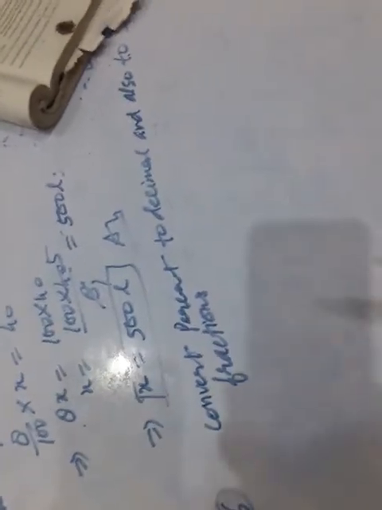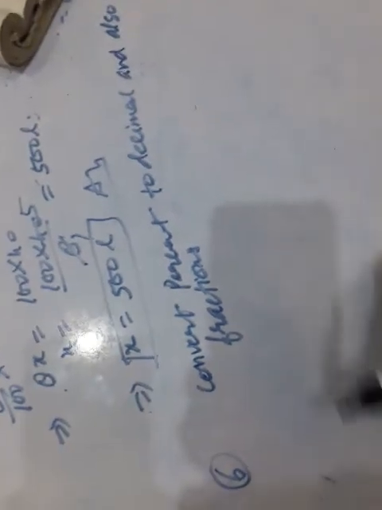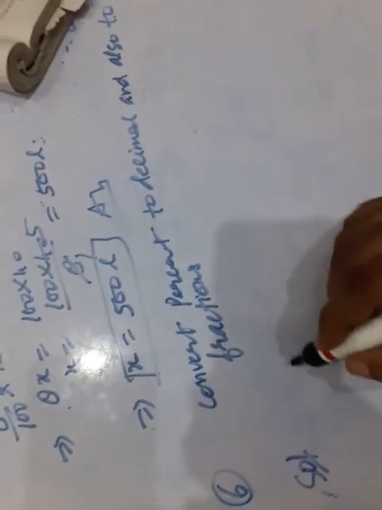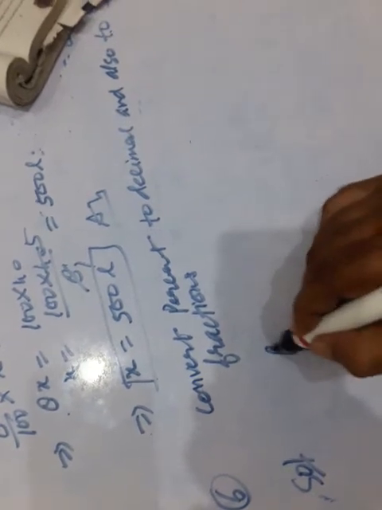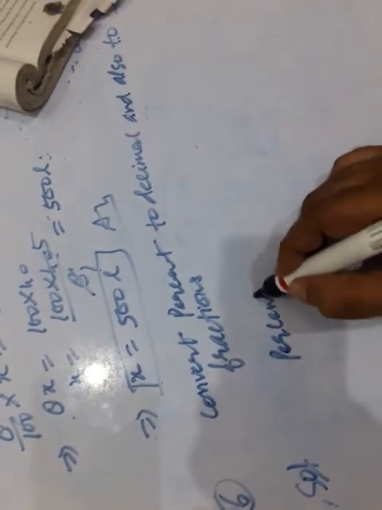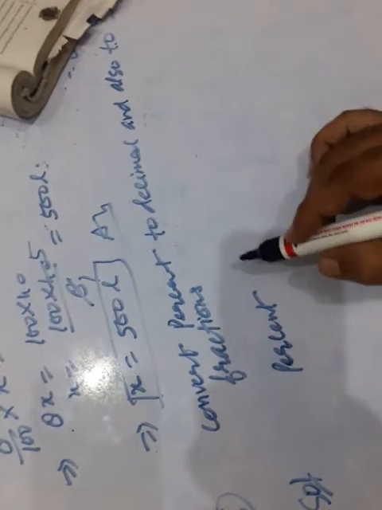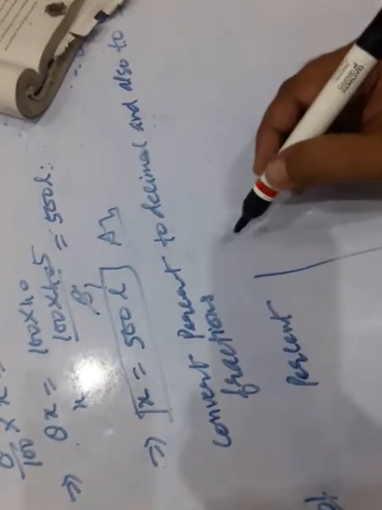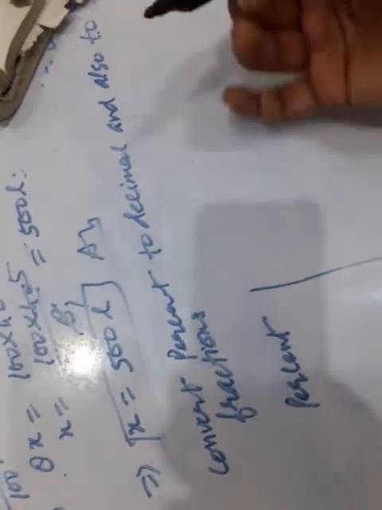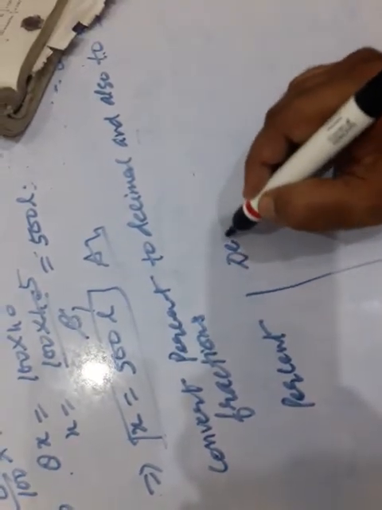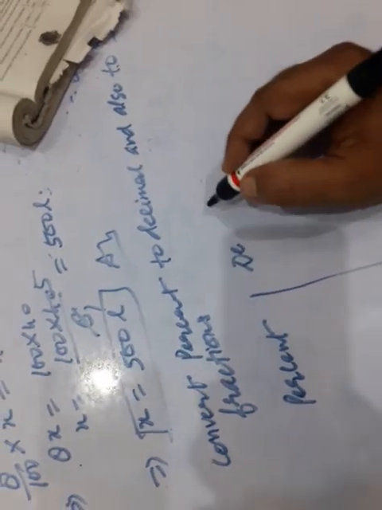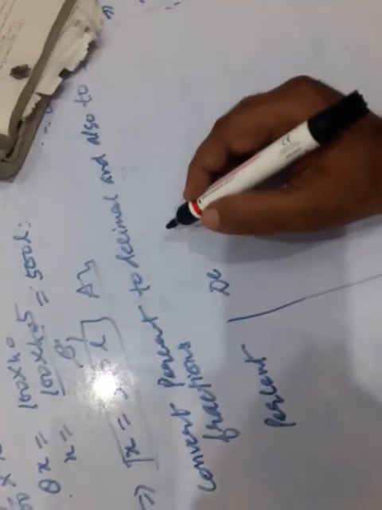Okay children, so how will you do it? Let us draw a table. Here is percent, this percent is given, clear, and then fraction.